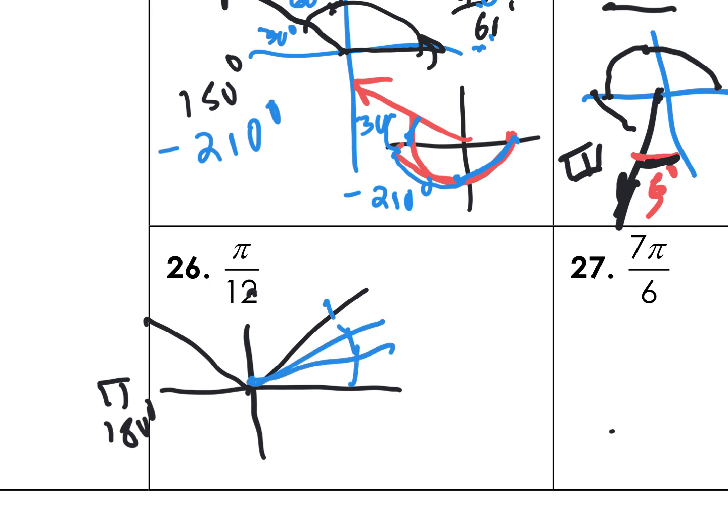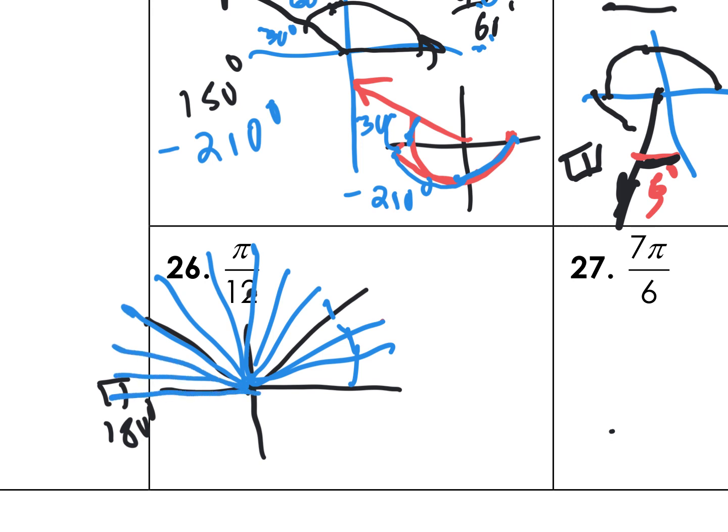1, 2, 3, 4, 5, 6, 7, 8, 9, 10, 11, and then 12. Pi over 12 is very small. So if I want a pi over 12, it's this angle right here. Pi over 12.